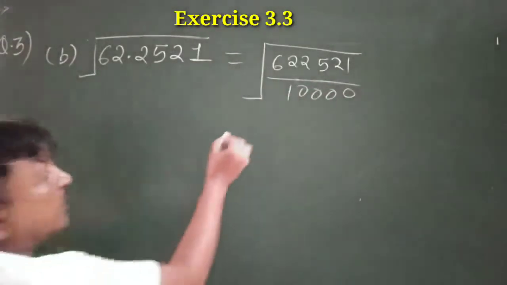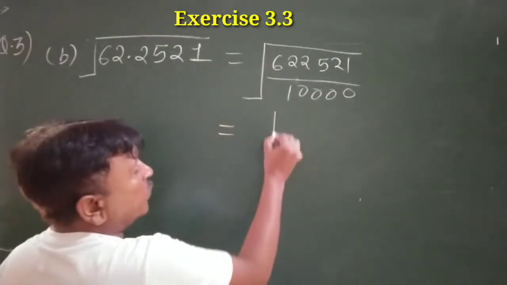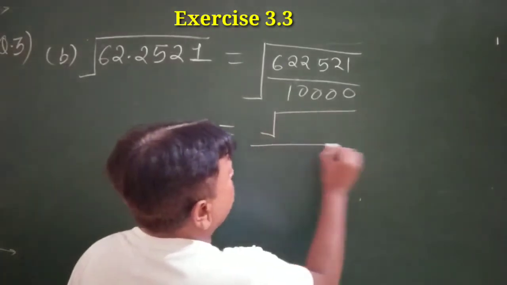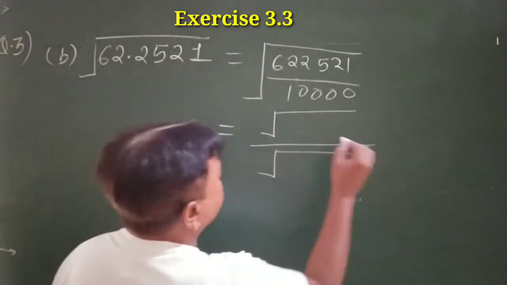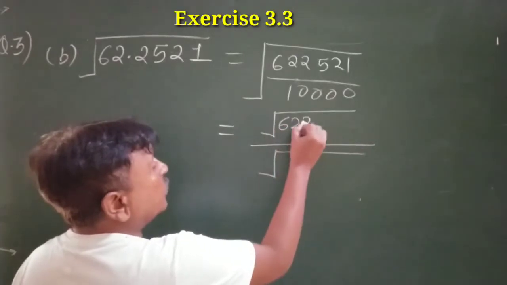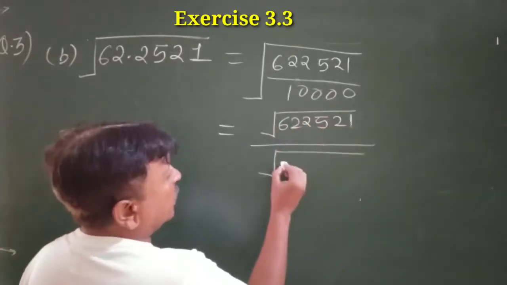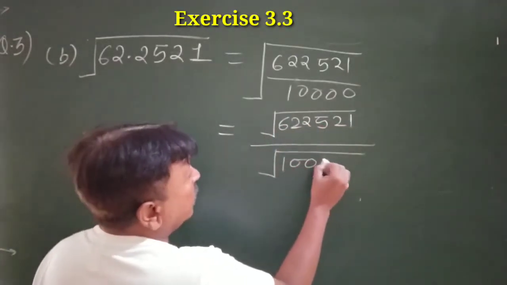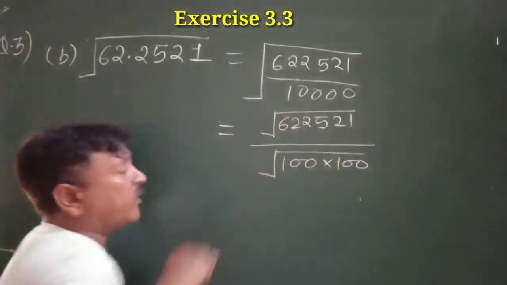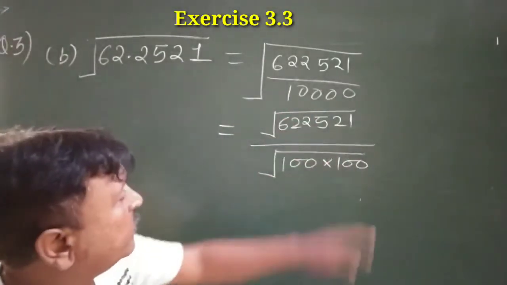Okay? Now put the square root on both, numerator and denominator separately. 622521 upon 100 into 100. Okay? This I had done in this way.